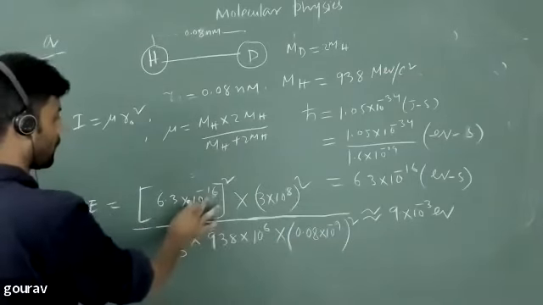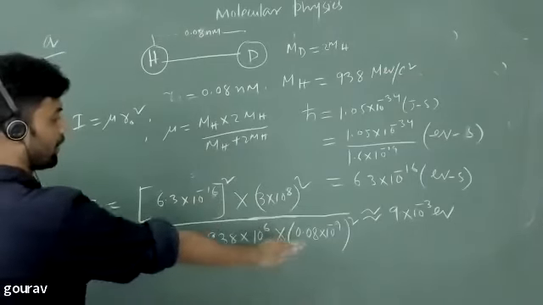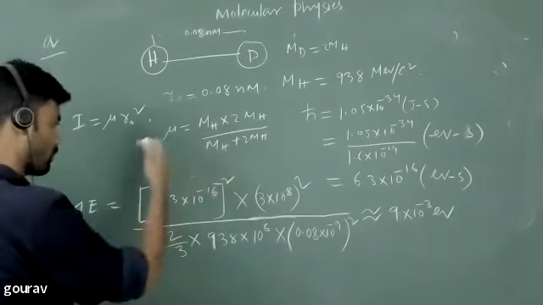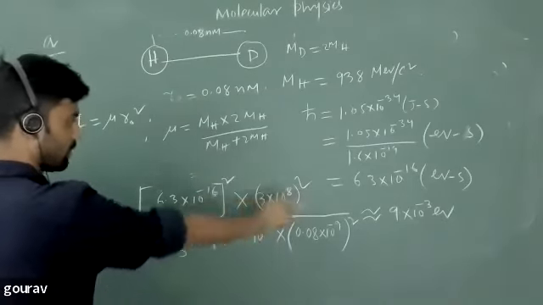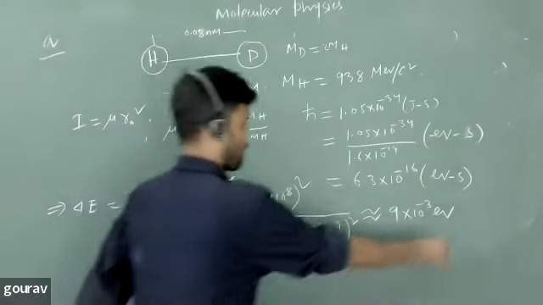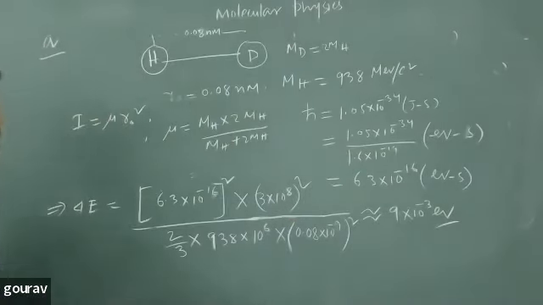So 1 electron volt will be cancelled, and the rest of the thing is in SI unit, so the rest of the part will be cancelled. So 1 electron volt will be cancelled, and that will be the resultant unit. Is this part okay? Yes, sir.